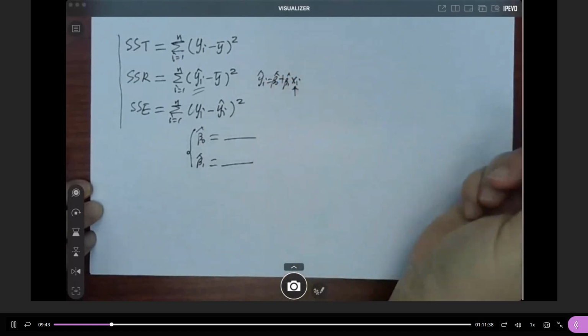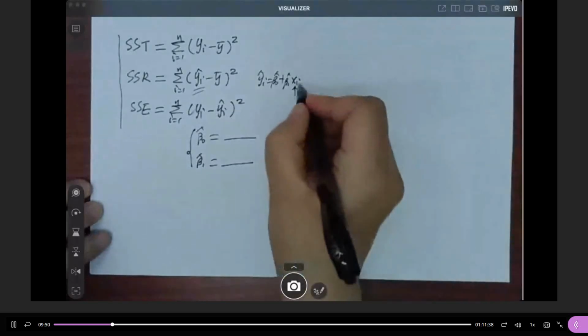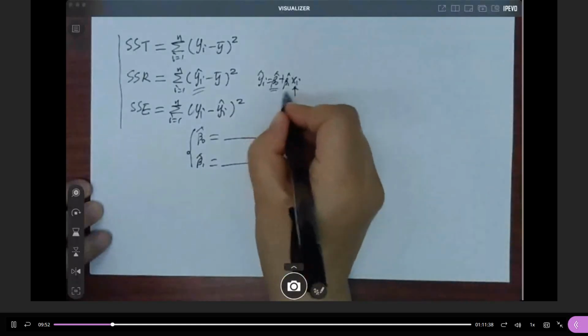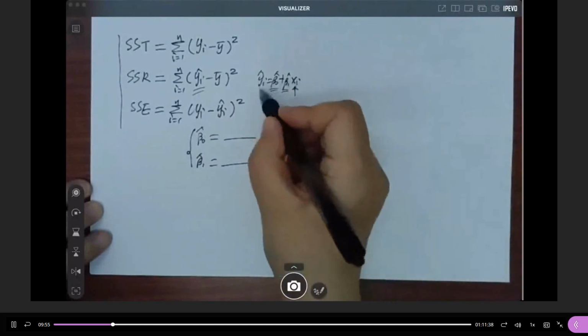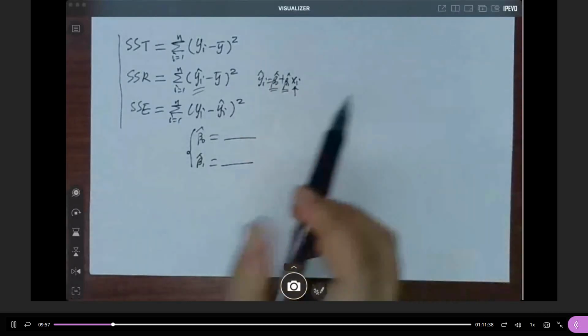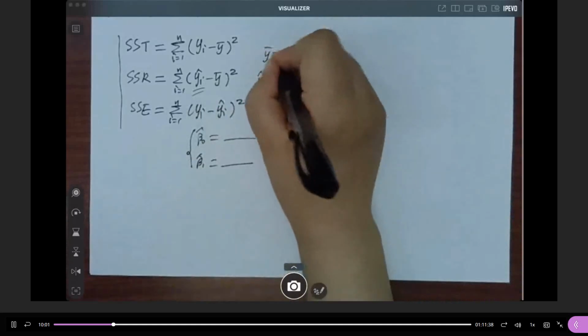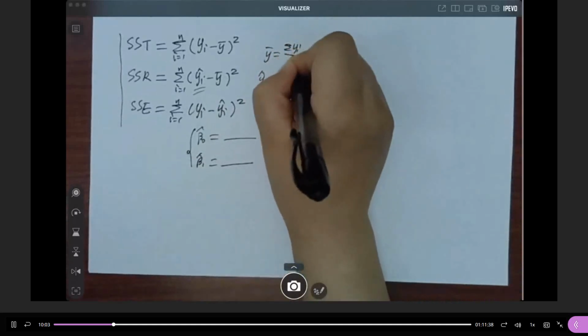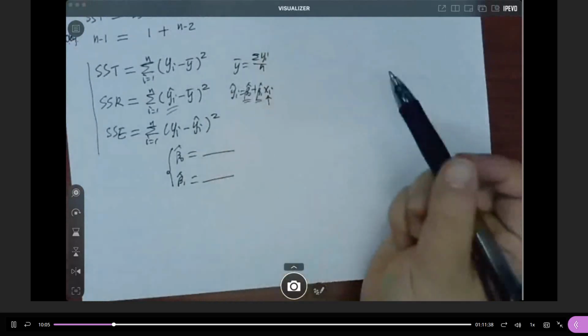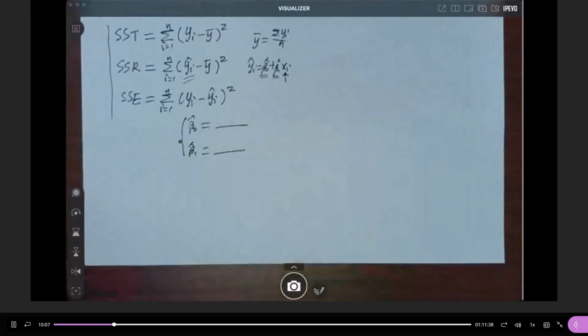Xi is not considered a random variable. That's very important to know, okay? Here, the random variable is yi. So once xi is given, you have 2 free pieces to move around to decide the value of y hat. Yeah, that's 2. 2 minus 1 constraint. When you calculate y bar, you use the summation of yi divided by n. That's a constraint. So two free things minus 1 constraint, you arrive at 1. Okay, makes sense. Thank you, Professor.